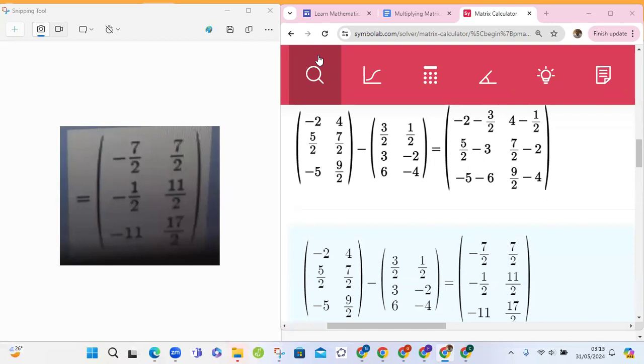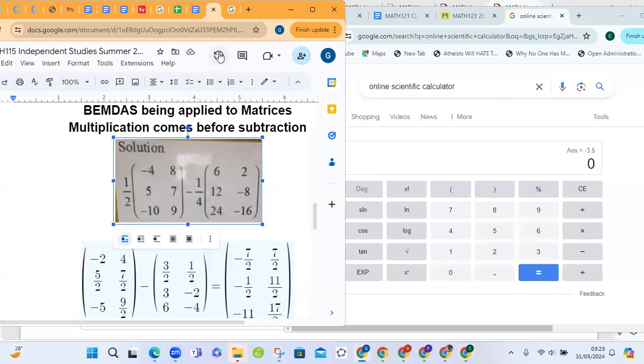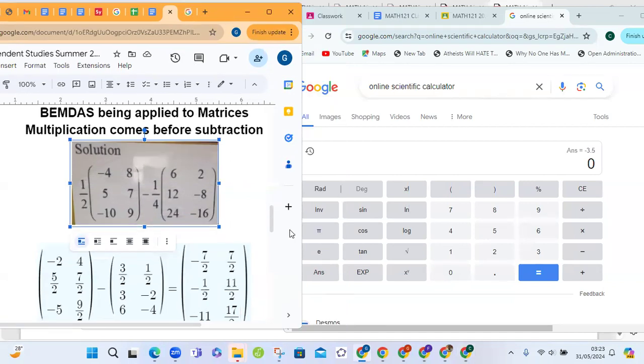Of course, we have to learn how to subtract fractions. Now, before we end the video, I just want to show you how you can subtract. Because this is 115, you don't have to show how you subtract fractions, so you can do that in your calculator. So we want to calculate -2 subtract 3/2.